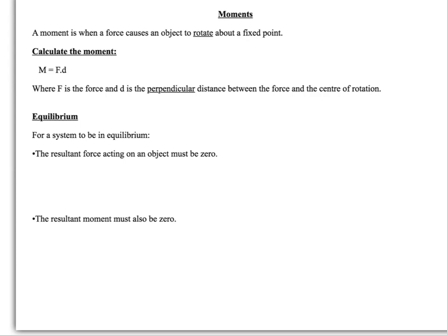So first of all, the resultant force acting on an object must be zero. If we take an object, say a beam like this, it's going to have its weight force acting down there, and maybe it's going to be supported at either end by F1 and F2.